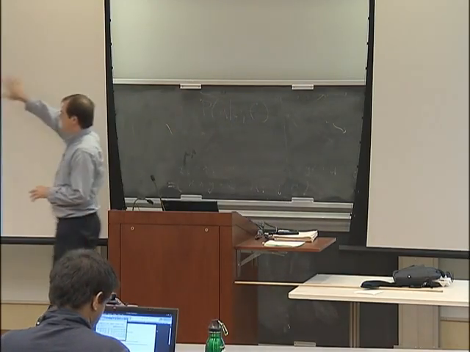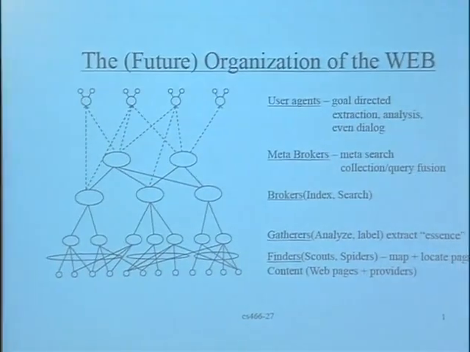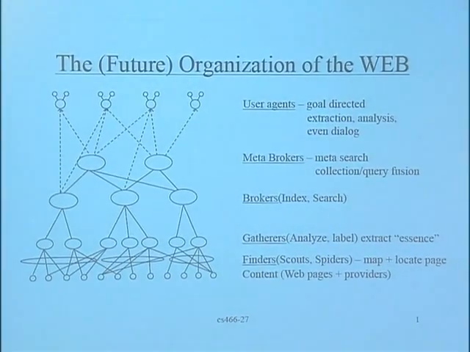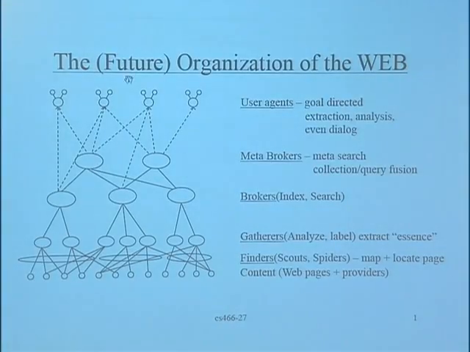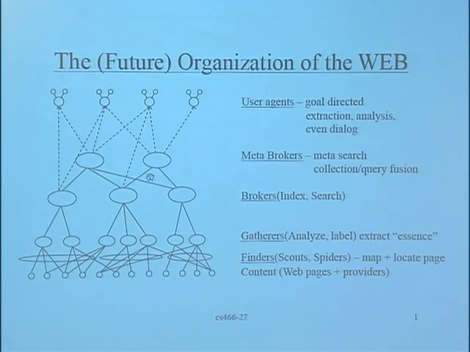When I first started teaching this class, I guess 14 years ago, I came up with a vision of the future structure of the web. This was much like a corporate economy, where you had an initial level of content, and then we would have finders, which were scouts and spotters, whose job was to find new content rapidly.